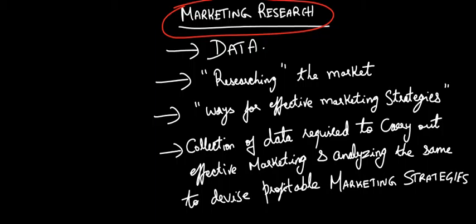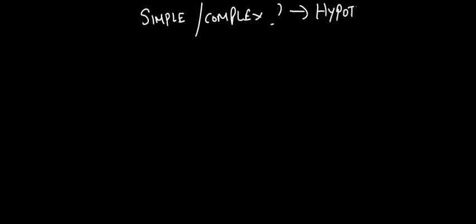Now, having known about this marketing research, is it going to be a very simple process? It is pretty hypothetical to ask whether the process is simple or complex. It's a hypothetical question because it depends on the individual marketer.